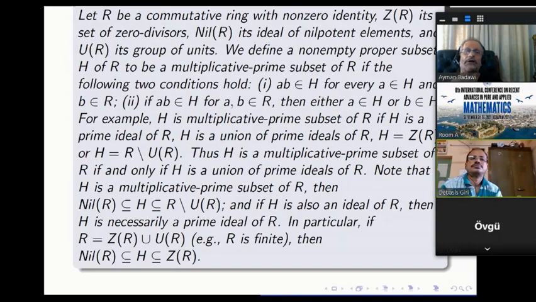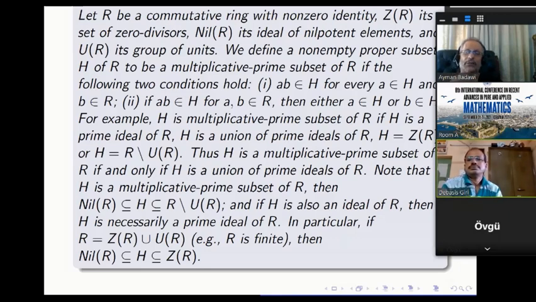We define a non-empty subset H of R to be a multiplicative prime subset. So if you want to follow my talk and for it to make sense to you, you need to know what I mean by a multiplicative prime subset of the ring. Two conditions. One condition is closure under multiplication.